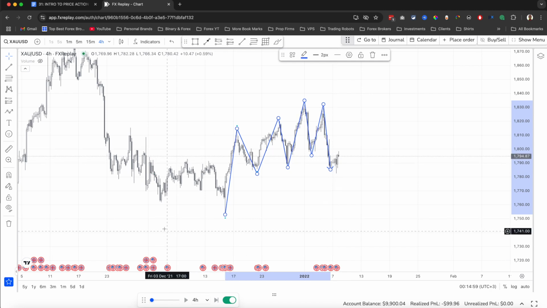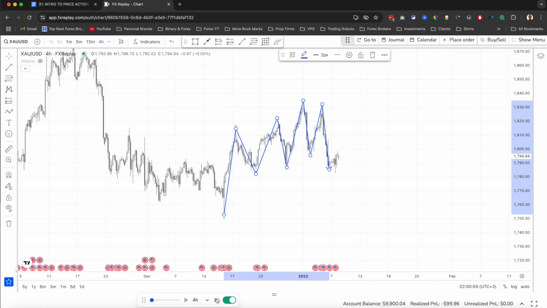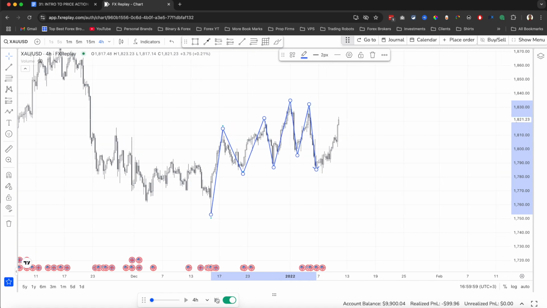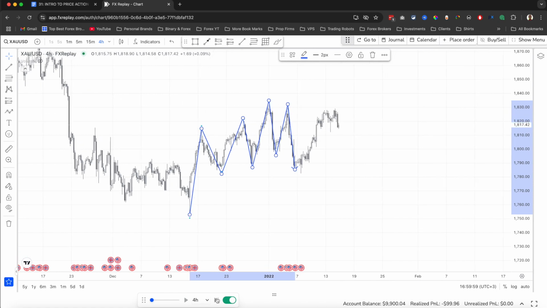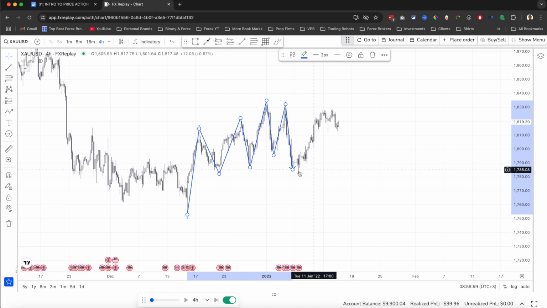So if I replay this, you can see what is happening. I'm on an FX replay, on a 4-hour time frame. You see the high, the low does not take out this high, right?